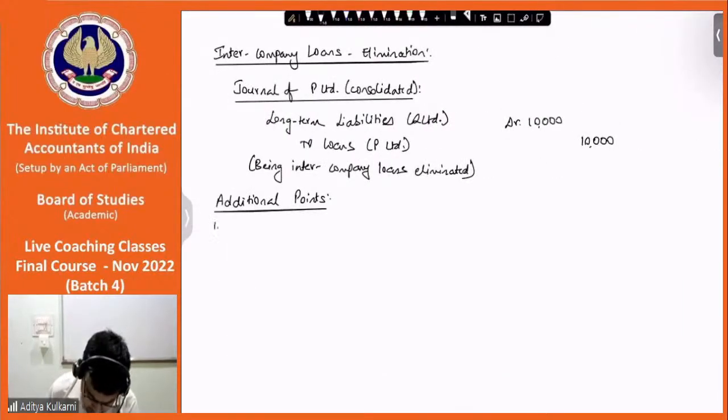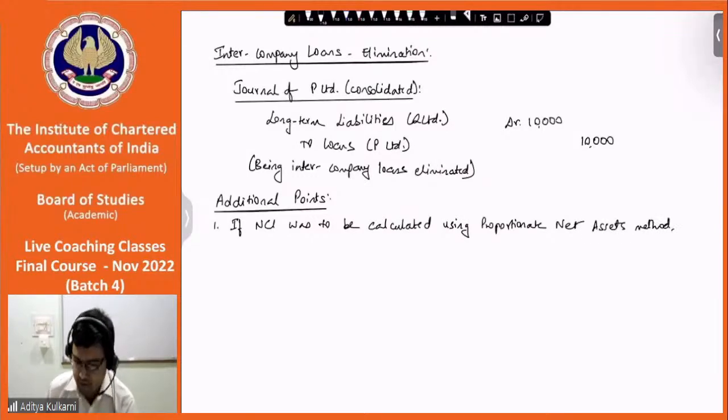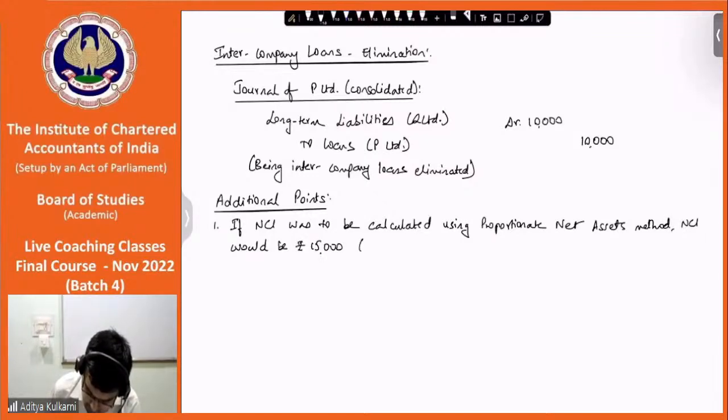Okay. So first point, if NCI was to be calculated using proportionate net assets method, NCI would be rupees 15,000.